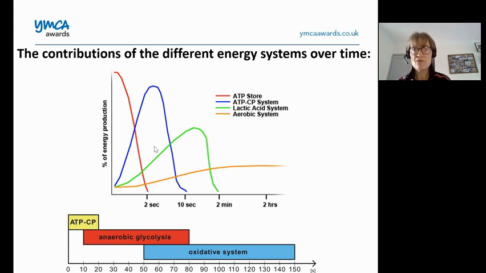Then the green line is your lactic acid system, which starts taking over once your ATP-PC has run out, and goes on for about 2 to 3 minutes. Lower down, you've got the aerobic system, slow to come in, but ongoing. So there you can see how they all interact with each other.